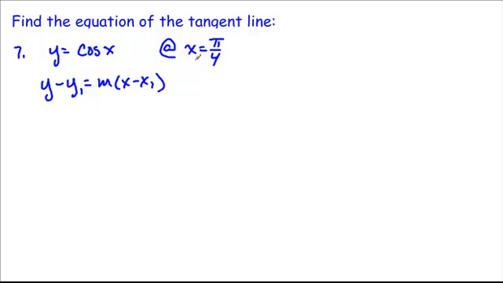We've got our x1, that's the pi over 4, but we need a y1, and to find y1 we just plug back into the original. So y1 equals cosine of pi over 4, which is radical 2 over 2. Yes, you need to remember your trig values.